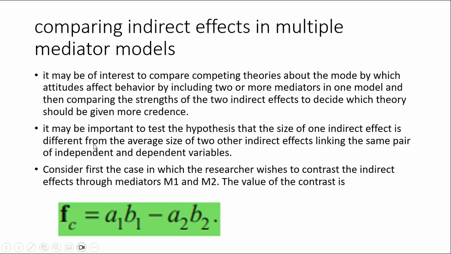And second, we want to know what is the strongest indirect effect, and the formula is like this one. The contrast is indirect effect 1 minus indirect effect 2.